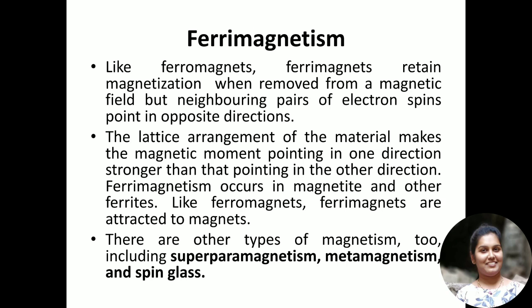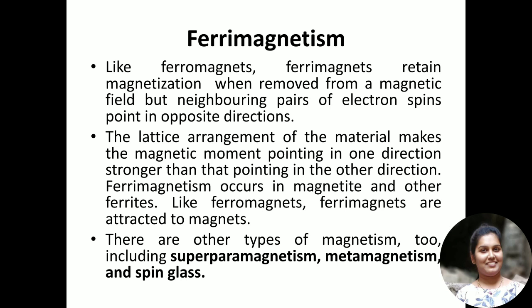The lattice arrangement of the material makes the magnetic moment pointing in one direction stronger than that pointing in the other direction. Ferrimagnetism occurs in magnetite and other ferrites.